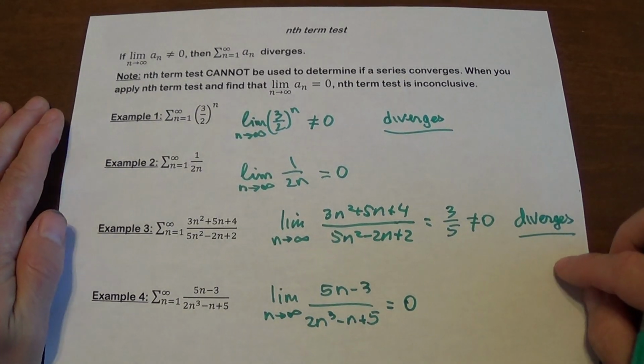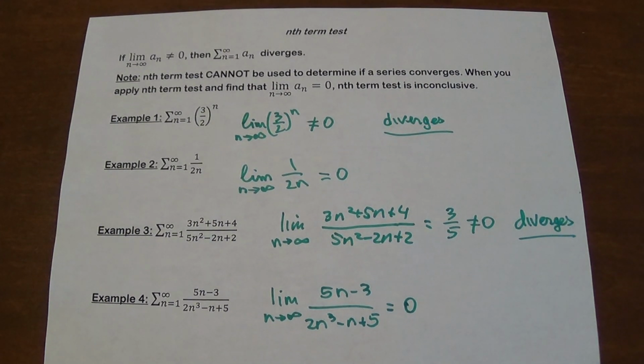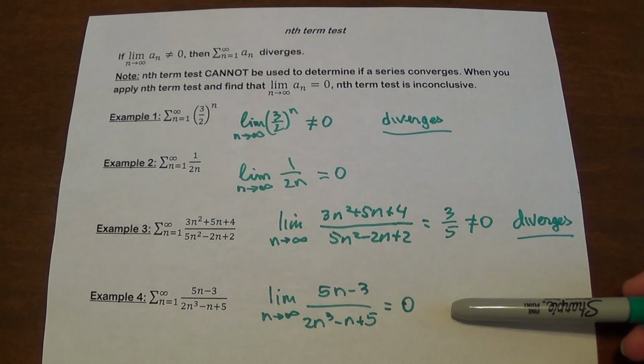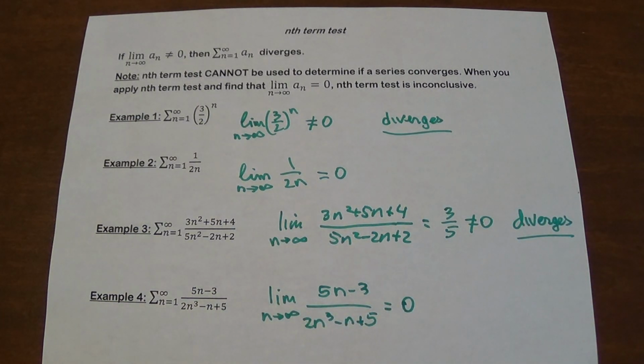Again, this test is going to be inconclusive as far as convergence. But one thing I can tell you is this series will actually converge. If you're talking about the series, this one is actually going to diverge. But again, based on the nth term test alone, you cannot make any conclusions about series convergence, only divergence.